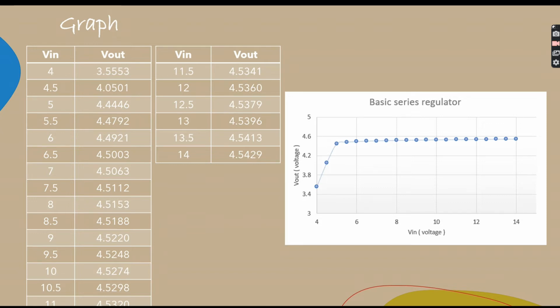So it becomes 4.5, 5, 5.5, 6, 6.5 until 14 for the Vin. It is the same schematic, I just change the value. So I measured all the Vout, and then I plot the graph using this data. So I get this for the basic series regulator.